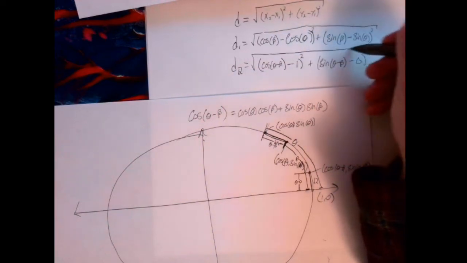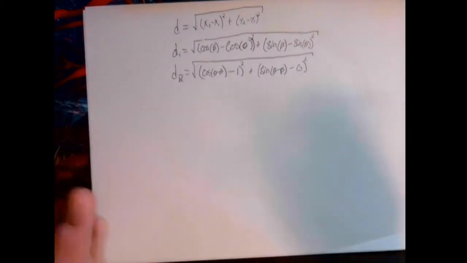And then once we bring this square root over, because we're trying to prove that those two distances are equal, it makes sense that we would set them equal to each other.